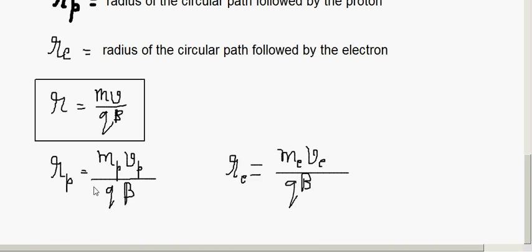Here the charge of proton and charge of electron are equal, only they differ in sign. And the magnetic field B is also the same.